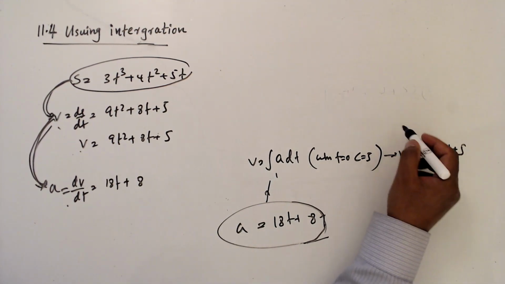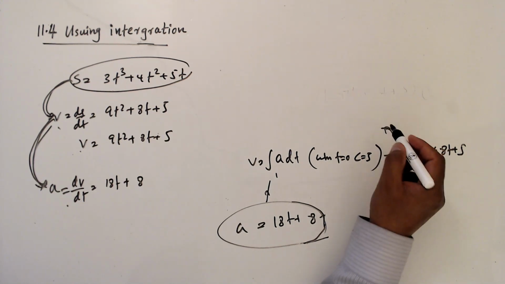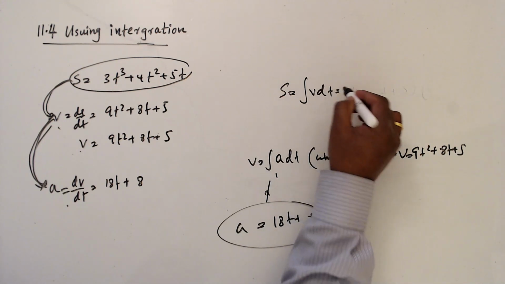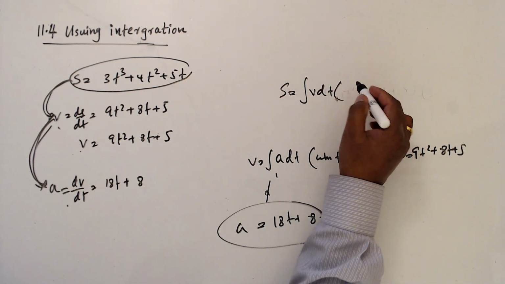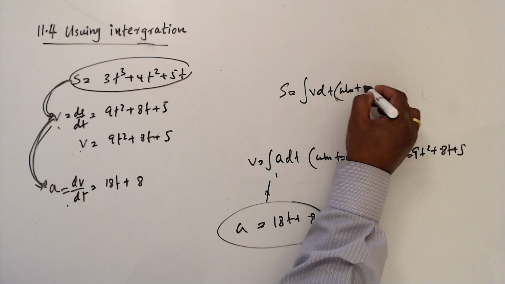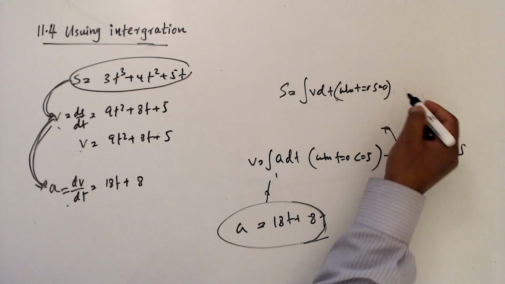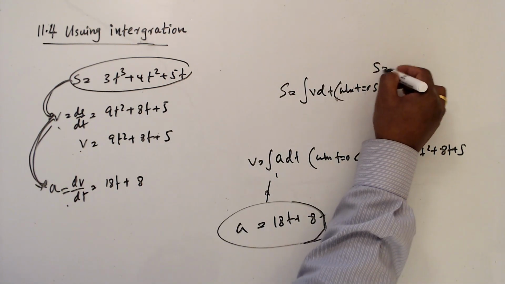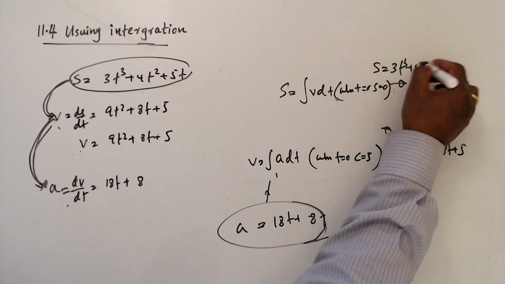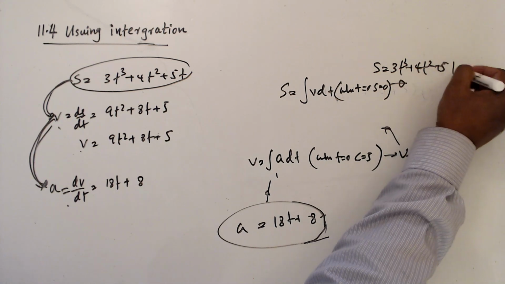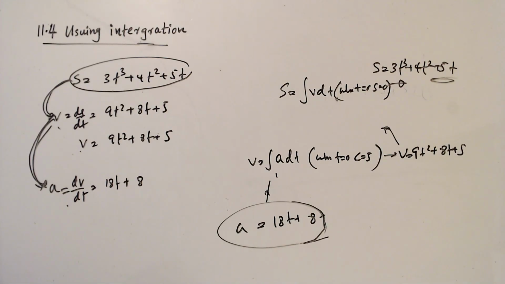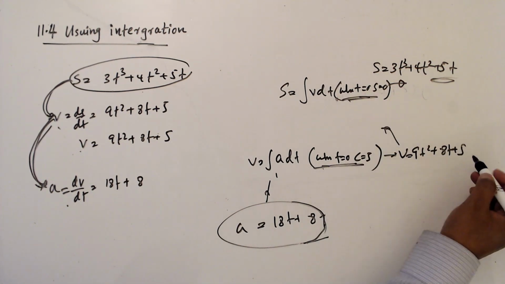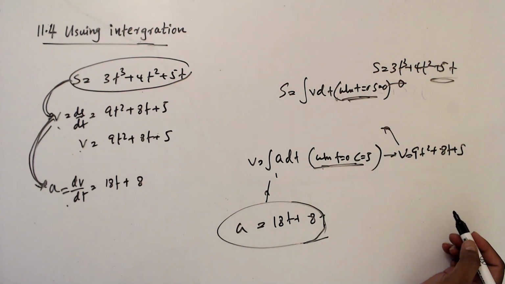Then from here I need to get displacement. So s equals the integral of v dt. Then with the initial condition, when t equals 0, s equals 0, I will get s equals 3t cube plus 4t square plus 5t. It is important that we need the initial condition to find the constant.